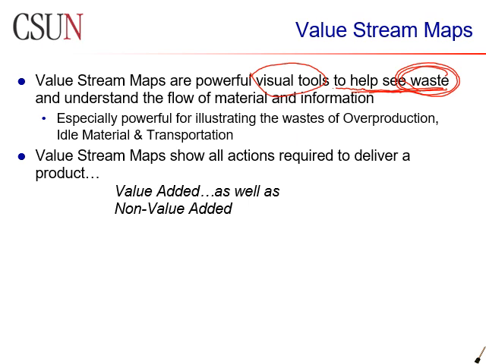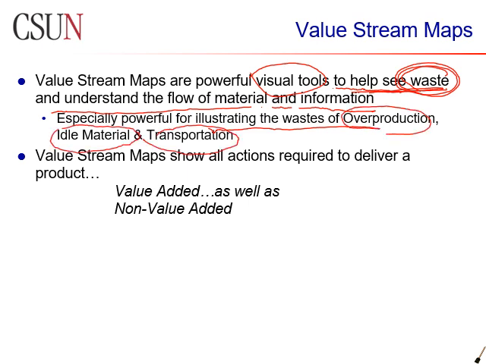Moreover, you can use this value stream map to understand the flow of material and information. How does the material flow inside your supply chain? How does the information flow inside your supply chain? This is especially powerful for illustrating the wastes of overproduction, idle material, and transportation.